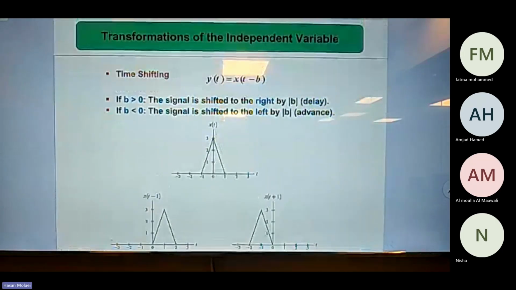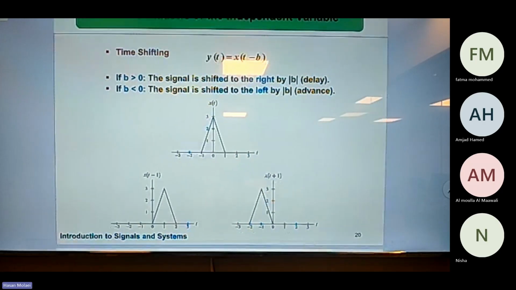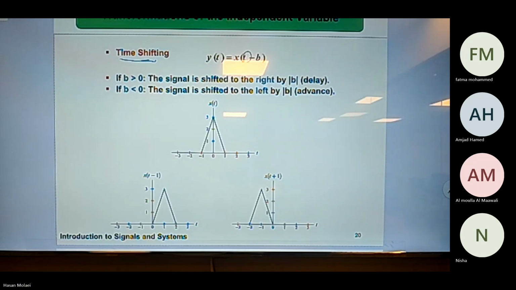Probably you have seen these things during your course in signals and systems. I will go a bit faster through them to reach the next part. For one signal, we can do time shifting by changing the independent variable.